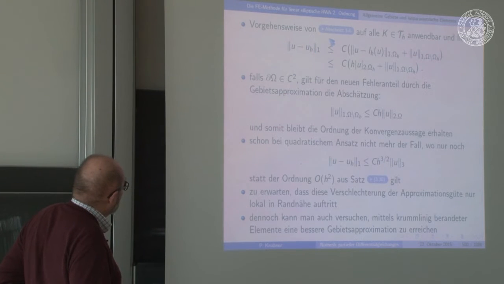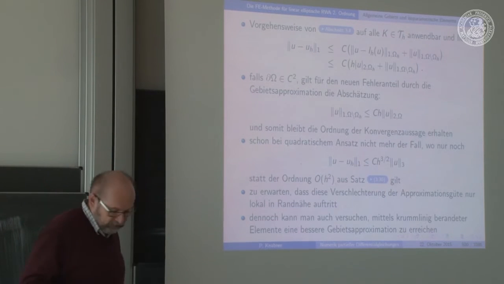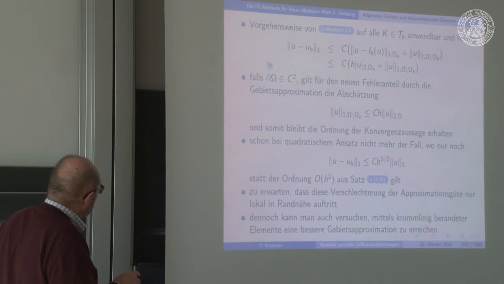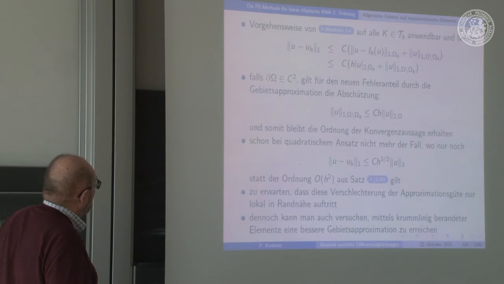Okay, this is already everything put together in this estimate. So what we know is this is the quantity we want to estimate. Céa's lemma tells us we can estimate it having a comparison element. The comparison element was this IH tilde of U.